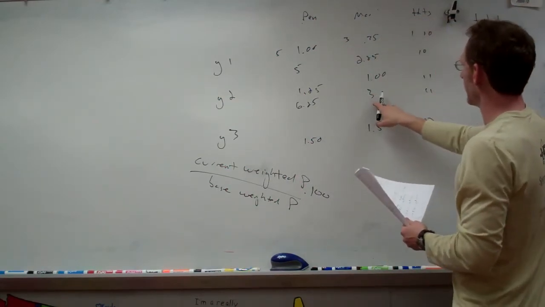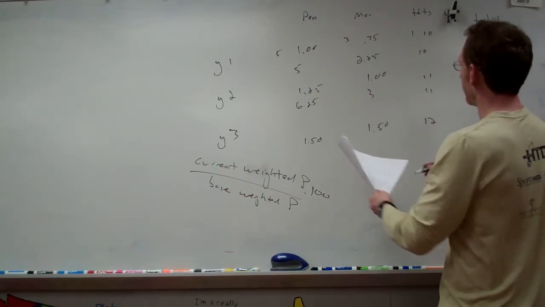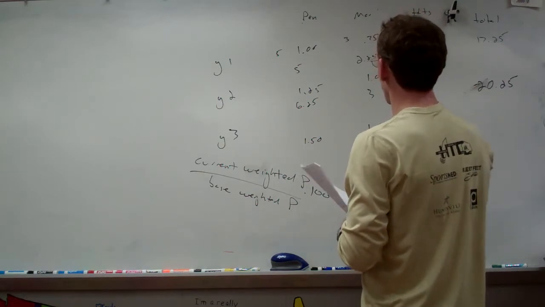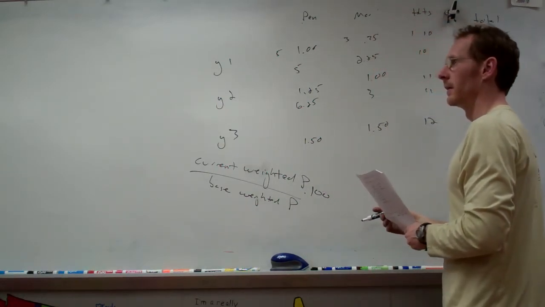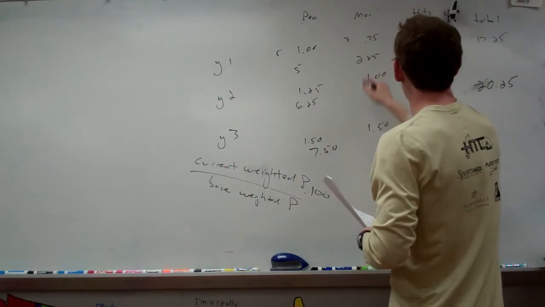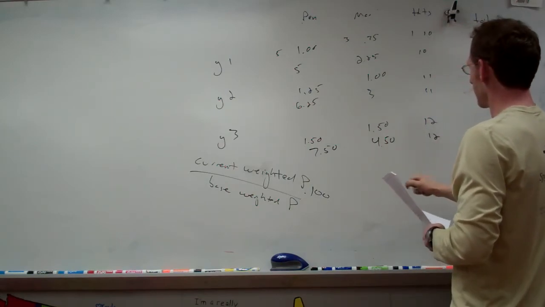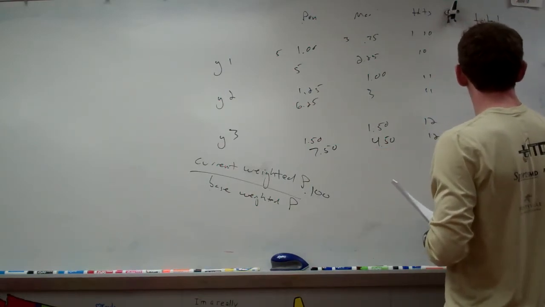So that's 14.25. And then $1.50 times 5 is $7.50, $1.50 times 3 is $4.50, and 12 times 1 is 12. So this is $12. This is 24.